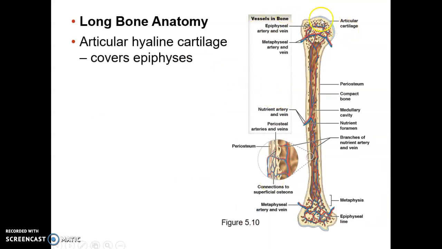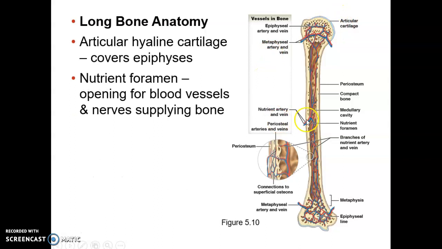Lining the articulating joint ends of the epiphyses is articular hyaline cartilage. Shock absorption and a smooth surface for joints. There are openings into the bones for the blood vessels and nerves, innervation, and these openings are called nutrient foramina; one of them is a nutrient foramen.